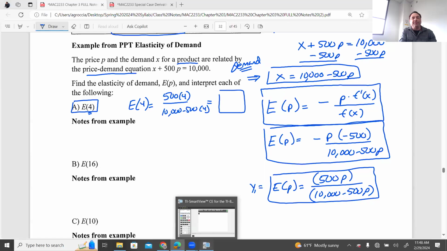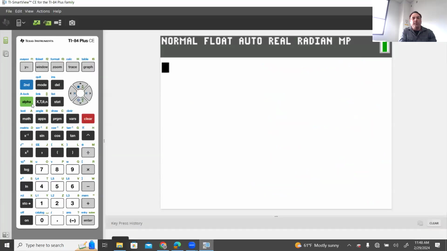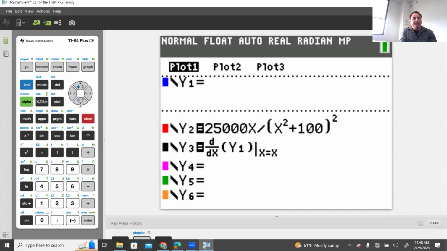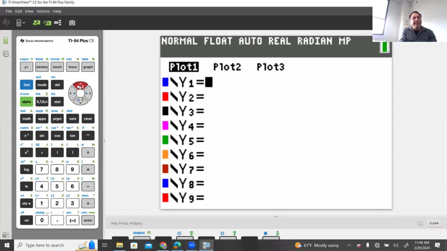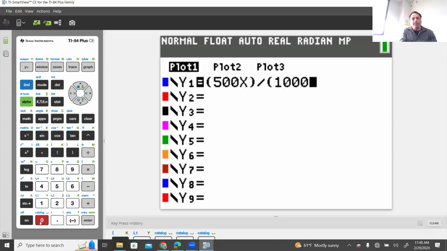So your calculator steps are to go to Y equals, and get rid of all the stuff that I had in there. And again, I'm going to be very careful. For the top you can put parentheses or not, but I'll just be careful. Put 500x in parentheses. It will work without because they're together. Divided by, and then the bottom definitely needs to be in parentheses, 10,000 minus 500x.